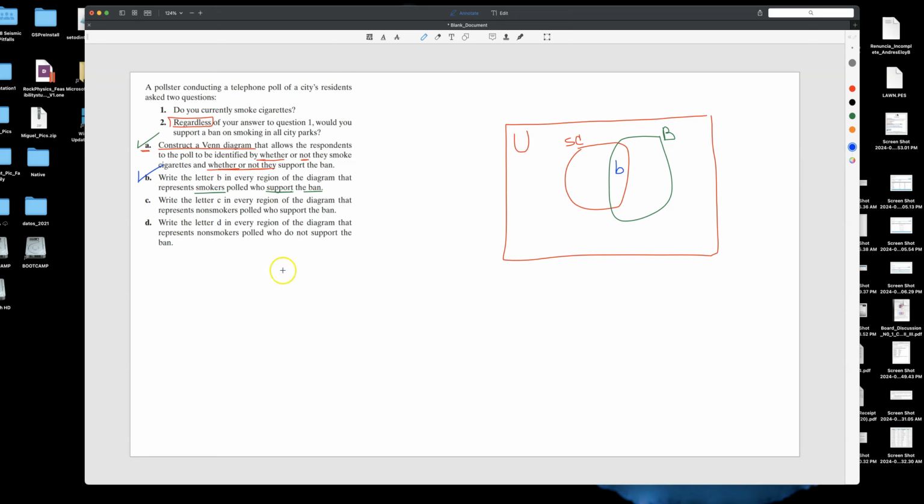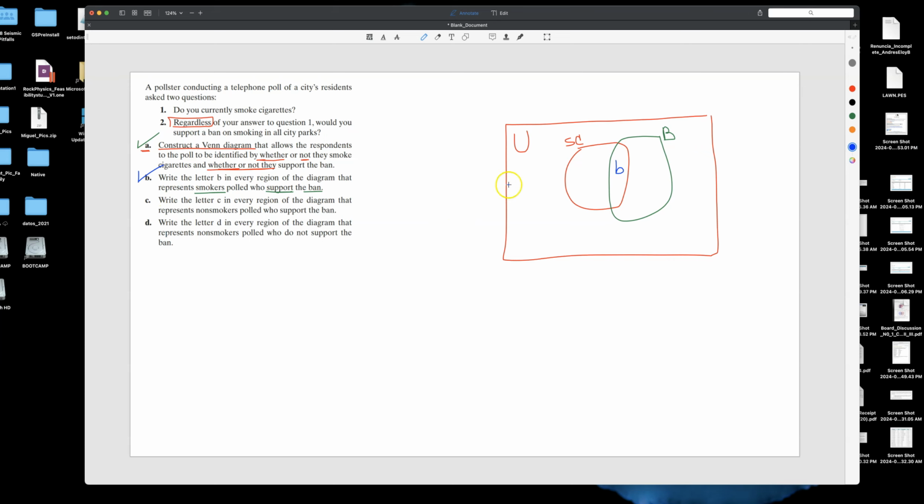Let's move forward. Part C. Write the letter C in every region of the diagram that represents non-smokers who support the ban. Non-smokers.